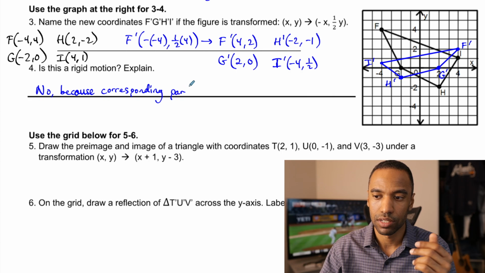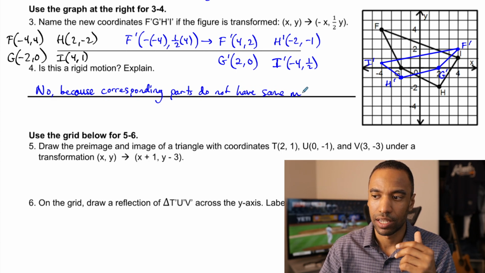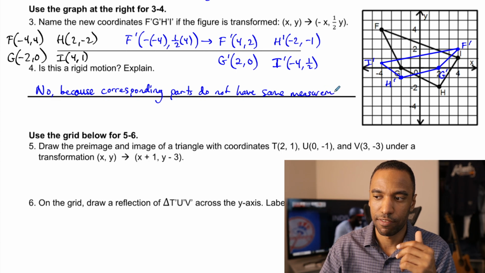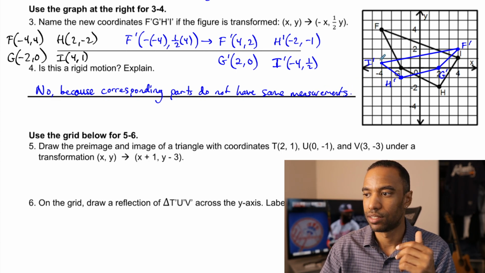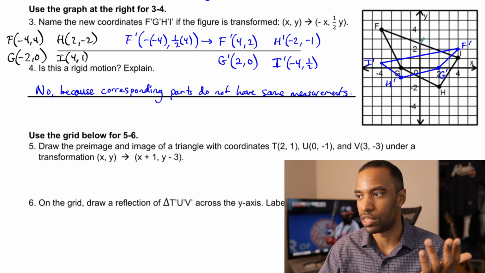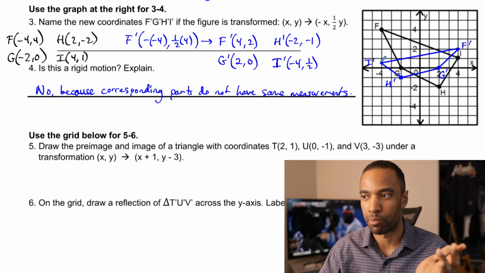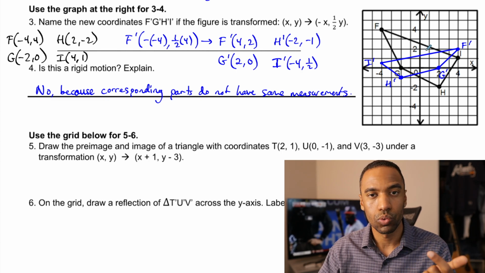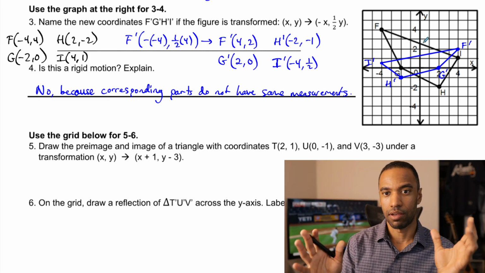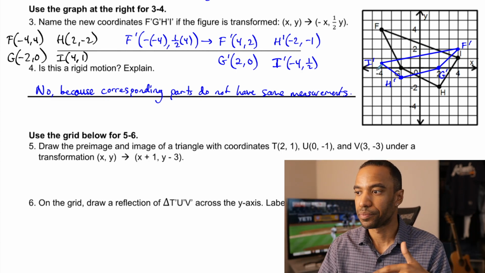Corresponding parts do not have the same measurements. Things shrunk, specifically with regard to height. The distance from F to I is actually a little bit longer than the distance from F prime to I prime, just because these are two closer values vertically, even though they're the same distance apart horizontally.